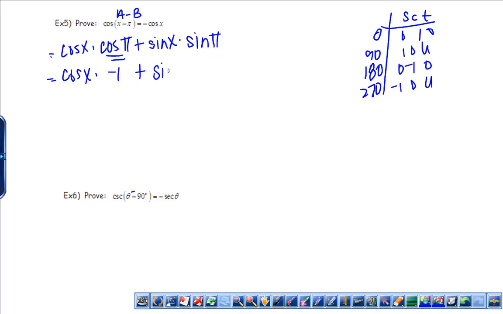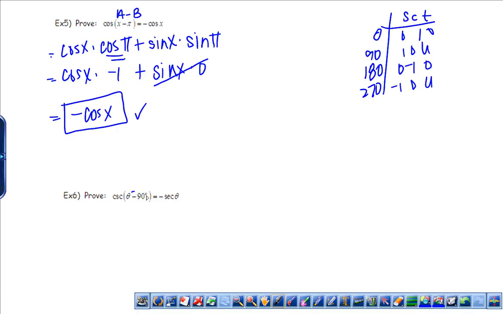I can't do anything with sine of x, but I can find the value of sine of 180, and that is 0. So sine times 0, that's going to cancel. And cosine times negative 1 gives me negative cosine of x. And I'm done with that proof.